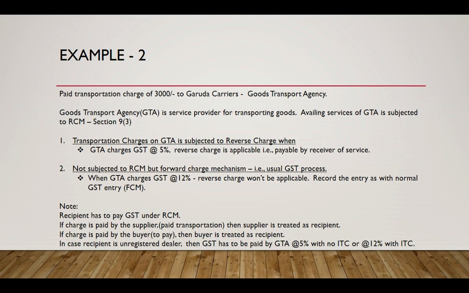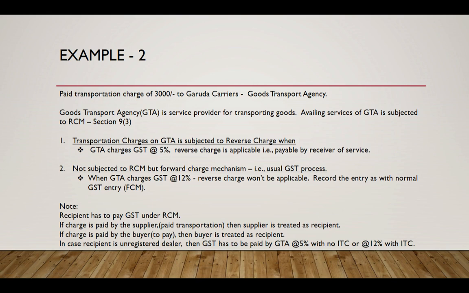So when you avail services from a GTA, you are required to pay GST under reverse charge mechanism if GTA charges GST at the rate of 5%, and it also needs to mention that the recipient has to pay GST under reverse charge mechanism. So if your consignment note specifies that the recipient of service has to pay GST under reverse charge, in that case 5% of GST must be paid under reverse charge mechanism.